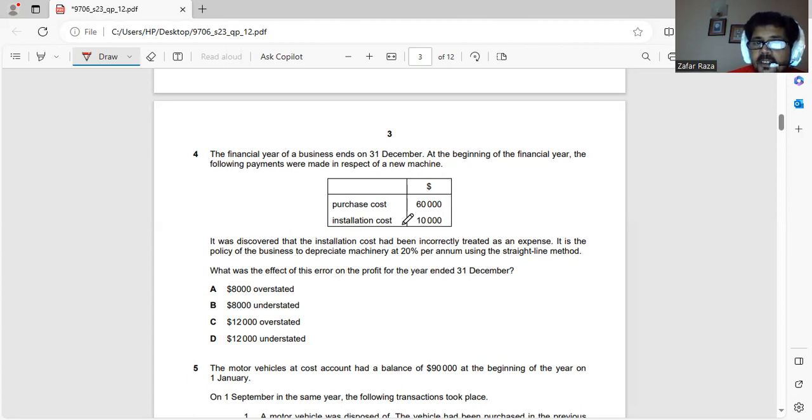So 20% of this 10,000 is 2,000 would have been the depreciation if it had been charged to cost of asset. So it means our profit is 8,000 understated. This is the answer.